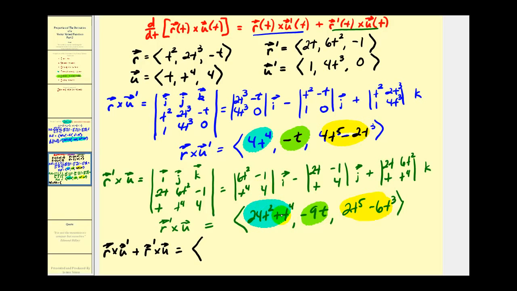So we're going to have 24t squared plus 5t to the fourth. We're going to have negative t plus negative 9t, that's negative 10t. And then combining the z components, we're going to have 6t to the fifth minus 8t to the third.